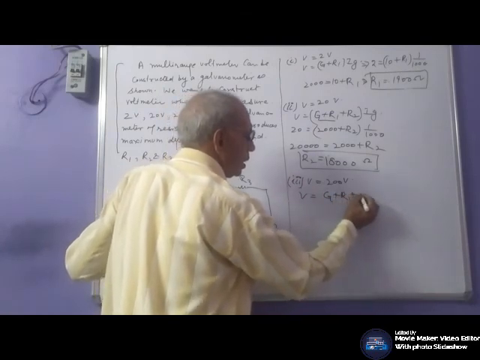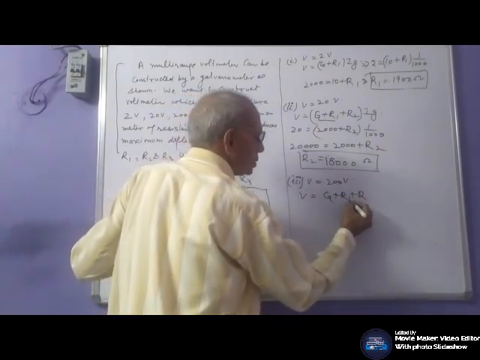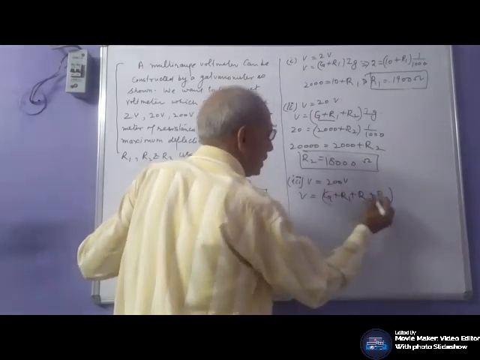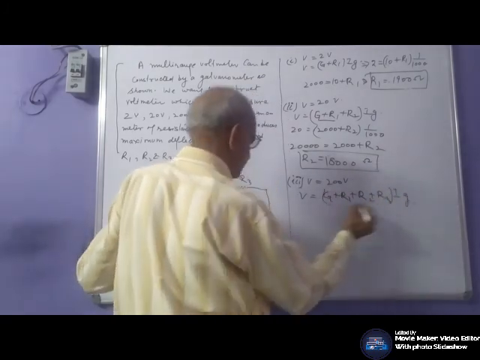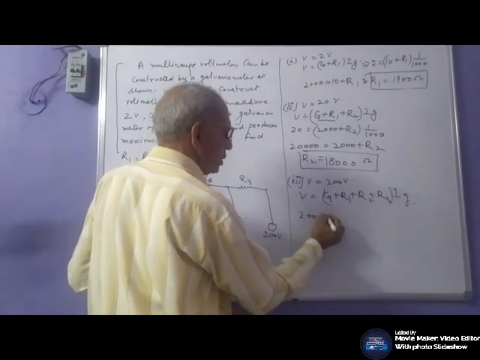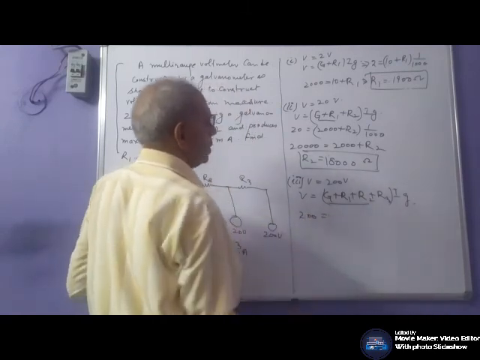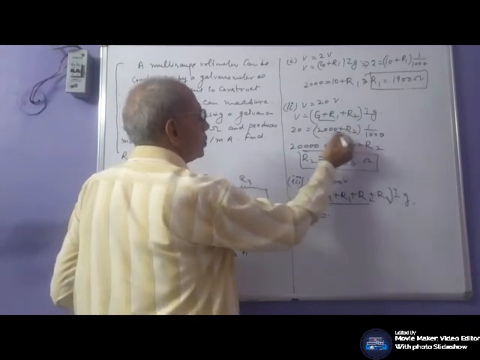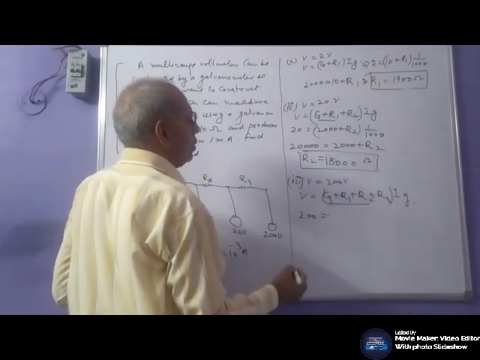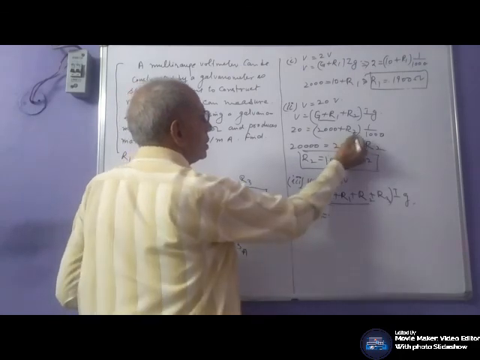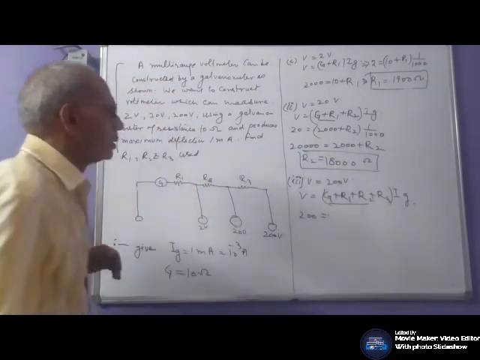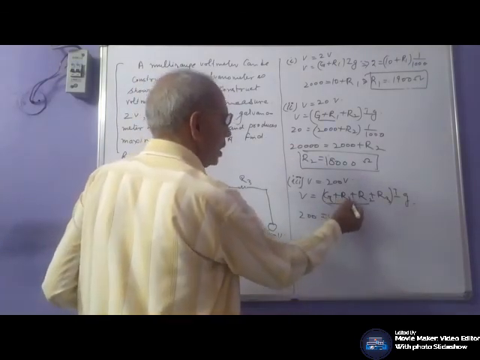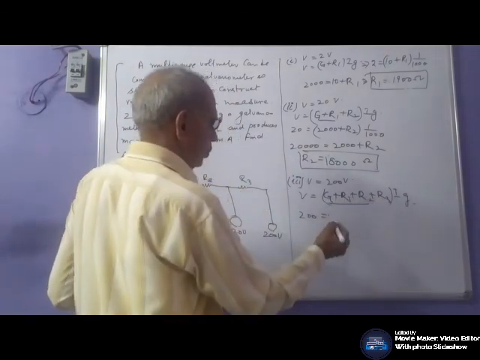What was R? R was G plus R1, R2 plus R3 into Ig.